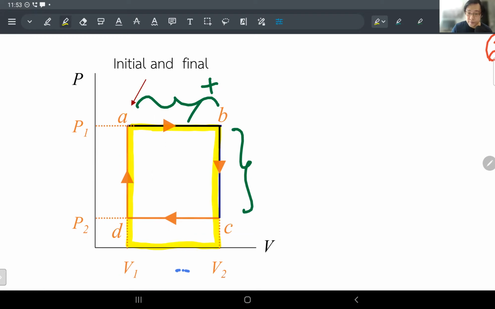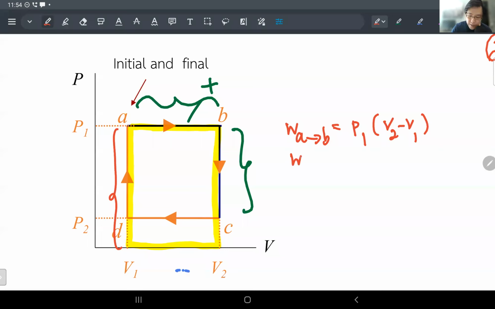I can write down in detail over here that the work done from A to B is going to be the whole height here, P1, multiplied by the volume change, the one that we just did earlier before the break, V2 minus V1. With me, guys? So that is the work done from A to B. B to C, no work done.